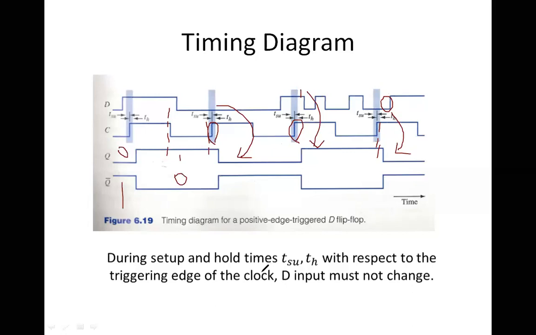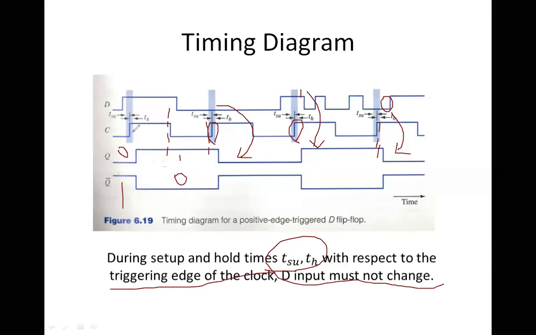So this is during your setup and hold times, which are represented as TSU and TH. We have seen this also in yesterday's class. This is with respect to the triggering edge of the clock, where D is an input and it should not change at the same time. D and your clock should not change at the same time.